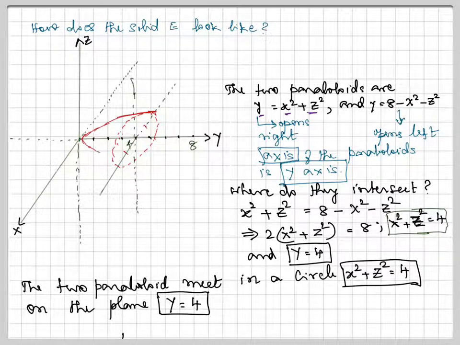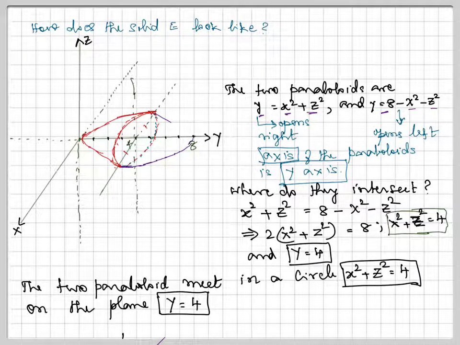Along the x-axis I have marked 2, and they meet at that circle. One is an upward-opening parabola, which I've shown in red here, and the other one is the left-opening parabola. Because the equation is 8 minus x square minus z square, it crosses the y-axis at 8.